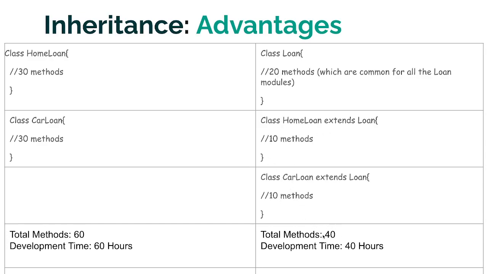It saves you time and makes your code simpler. So less code will speed up your process, and development time will be less. There are tons of benefits to using the inheritance concept in your programming. Okay, so those are the real advantages of using inheritance.